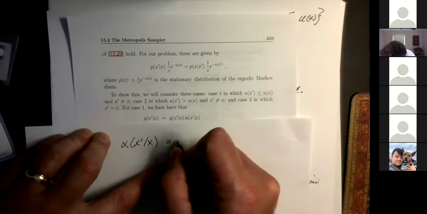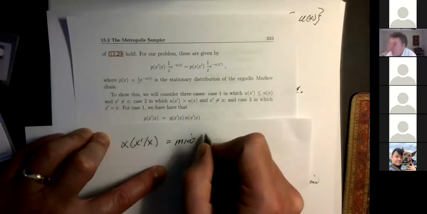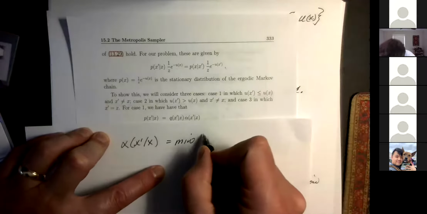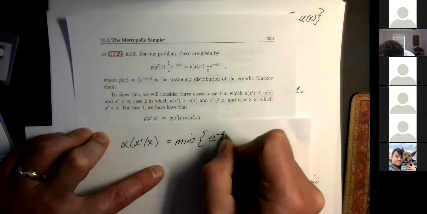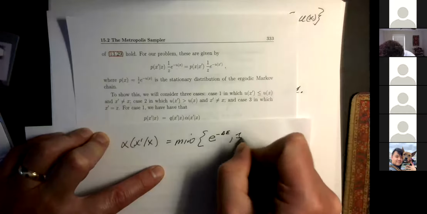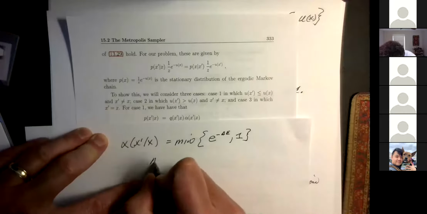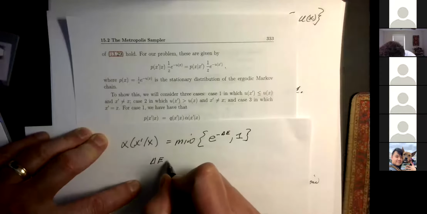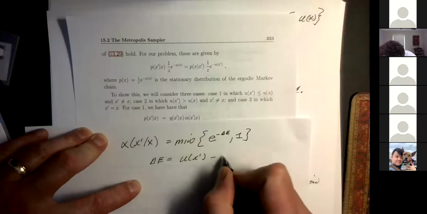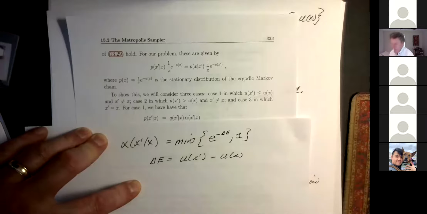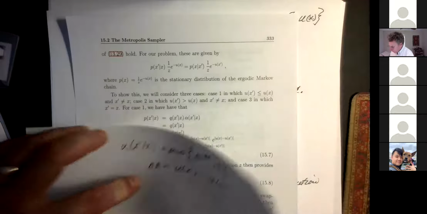It's equal to the minimum of e to the minus delta E and 1, where delta E is equal to U of X prime minus U of X.